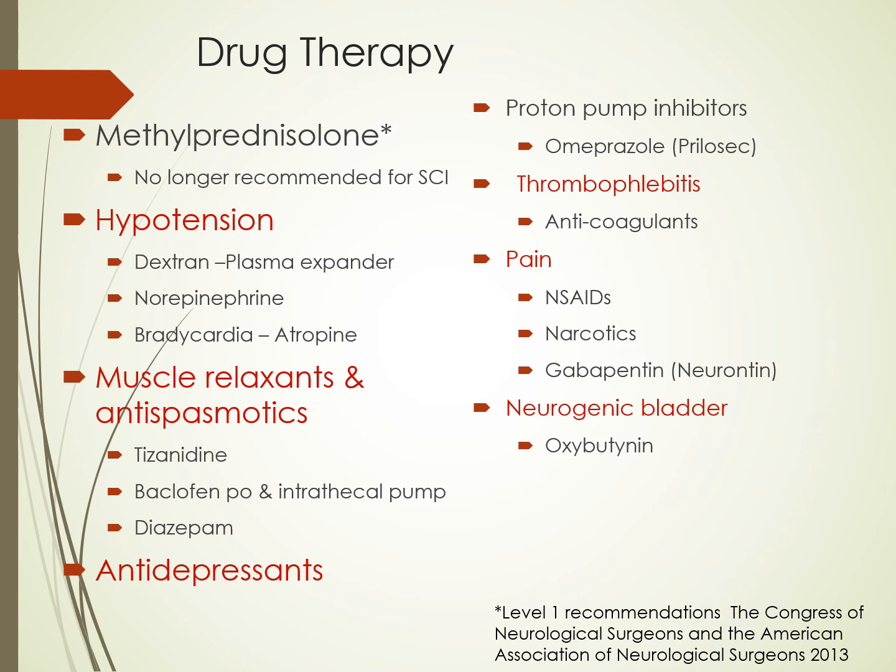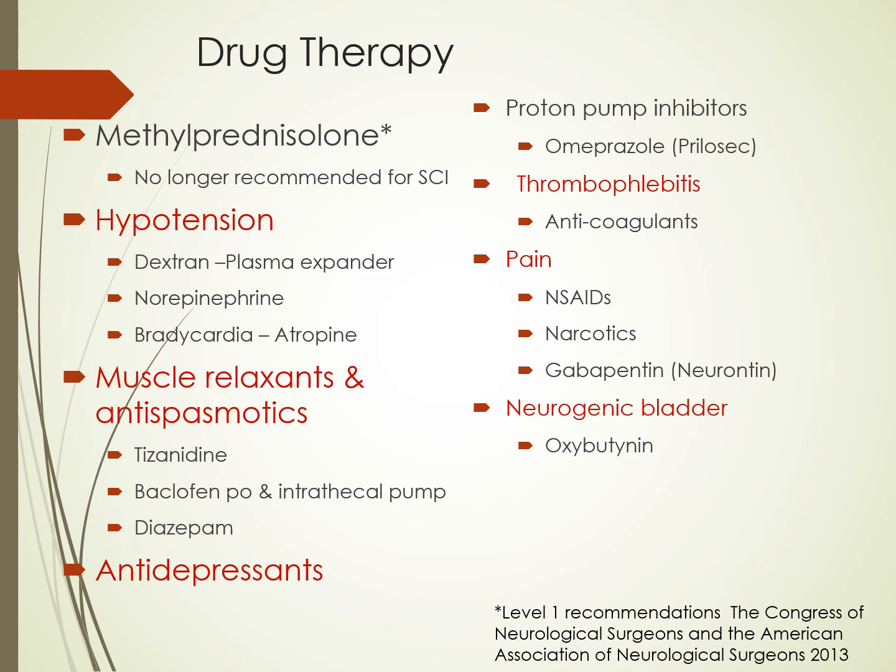People do have issues with hypotension, so initially we may use plasma expanders like dextran, norepinephrine; for bradycardia, atropine. We went over the muscle relaxants and antispasmodics: tizanidine, baclofen, diazepam. Antidepressants may be a part of care here.